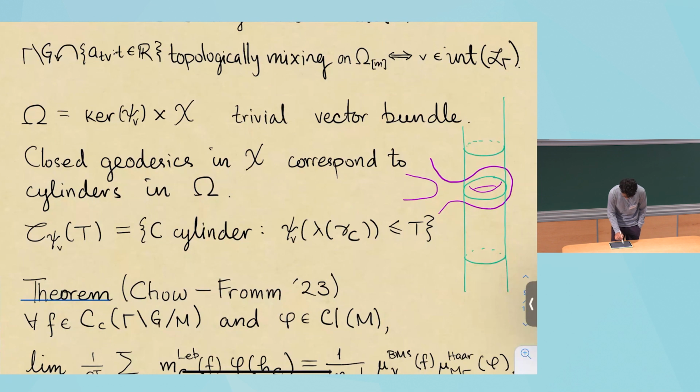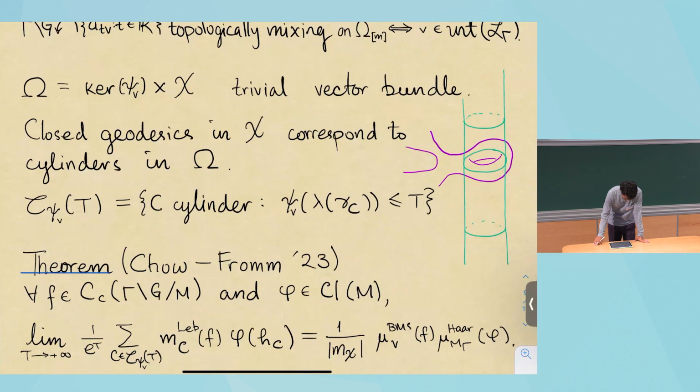I didn't mention this before, but due to this Anosov property, omega has the following structure. This is just a trivial vector bundle, kernel of psi times some base space, fancy X. And this base space will basically turn out to be the space associated to the Gromov geodesic flow.